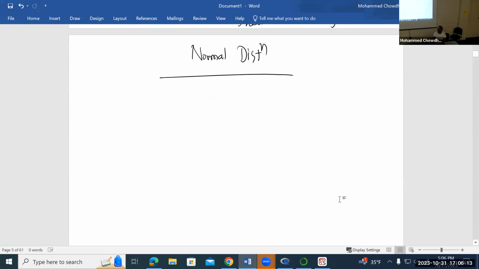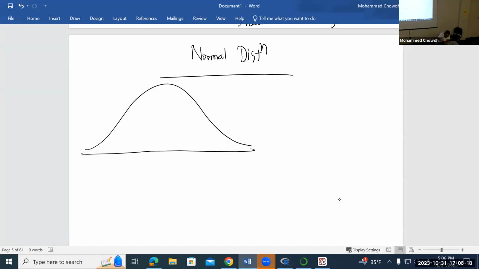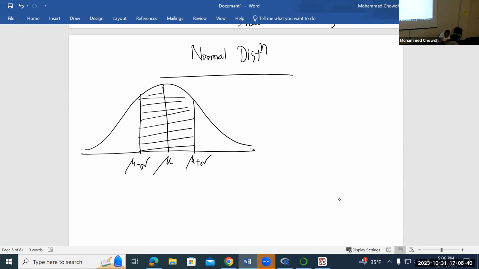Let me see whether you can remember something. If you have this symmetric, bell-shaped or normal curve, this is the mean. Within one standard deviation from the mean, which is mu plus sigma and mu minus sigma, what percent of data falls? First exam question: 68%. Thank you, 68%.